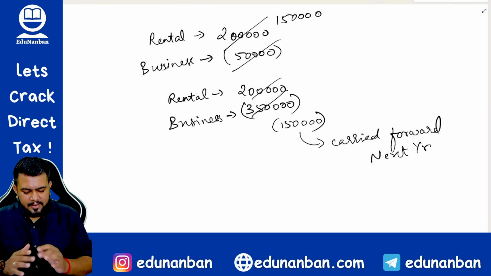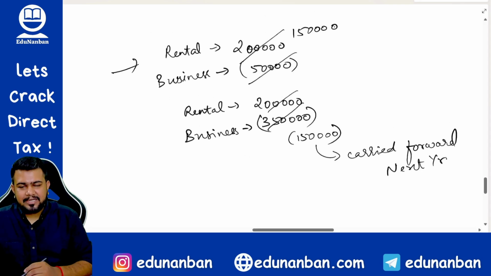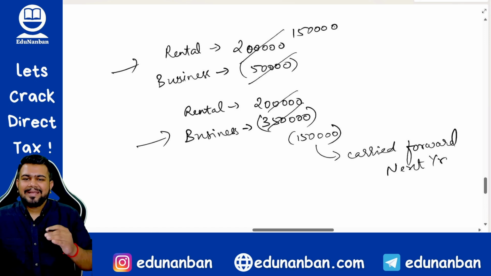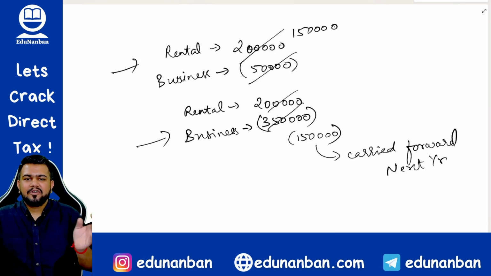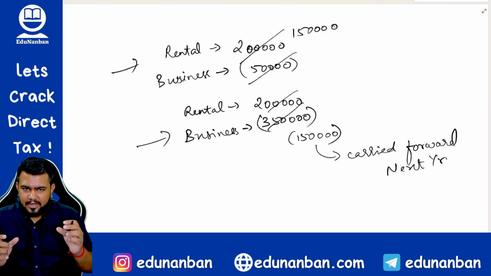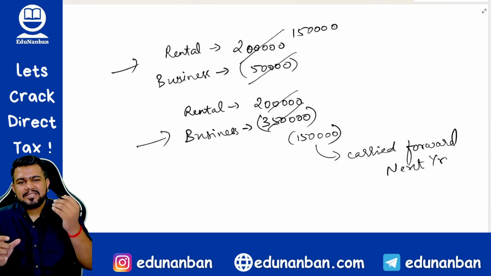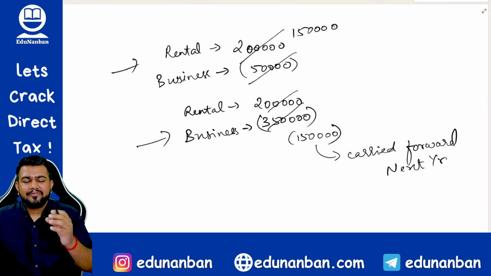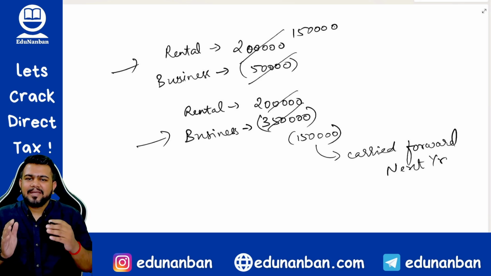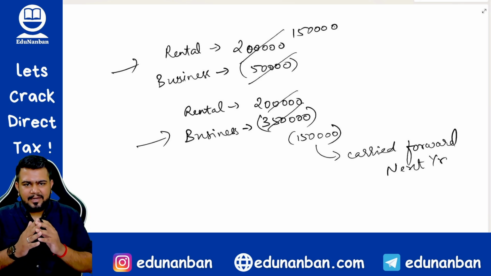You get my point? So the first example is for set off and the second example is for carry forward. Within the same year, if I am having a loss, I can set off my loss against my income. This is called set off. Even after doing set off, if some loss is left, I can carry forward that loss to the next year, and in the next year if I am having an income, I can set off that loss.